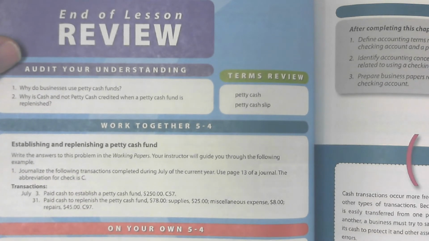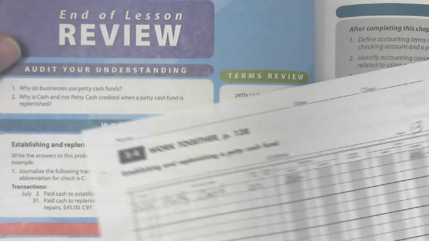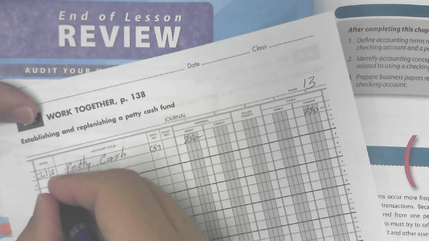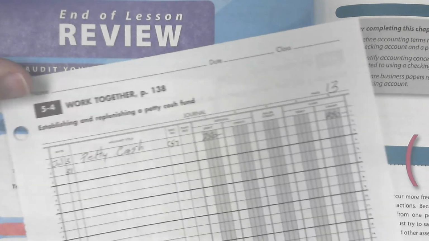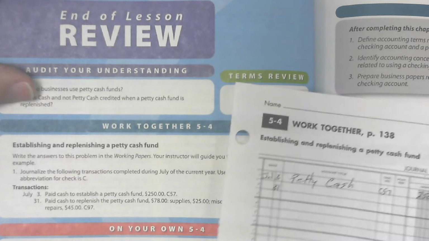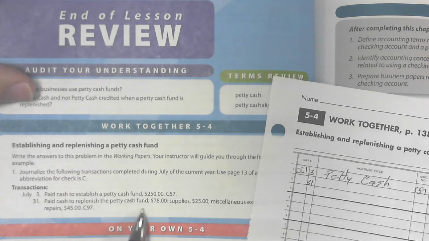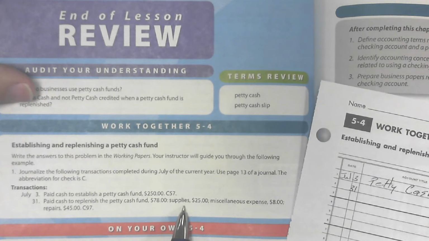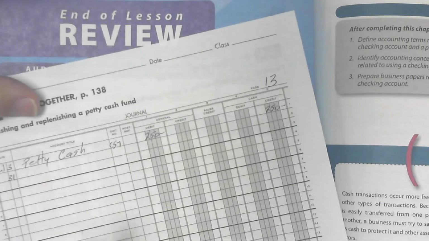So it's July 31st. So we'll put a 31 here. So we're going to list supplies, $25.